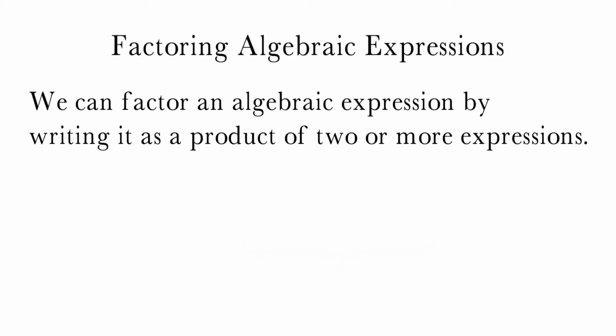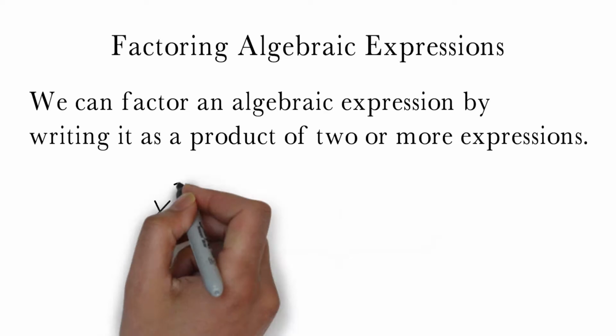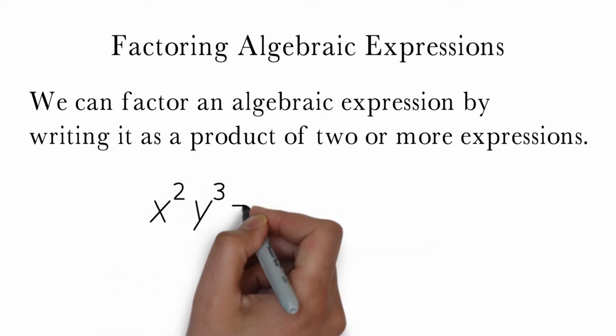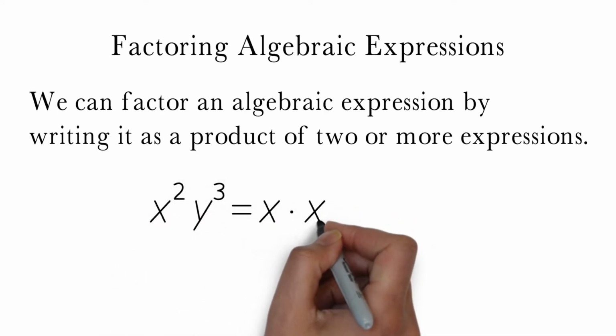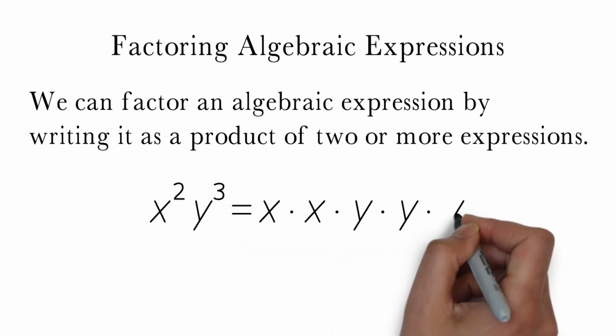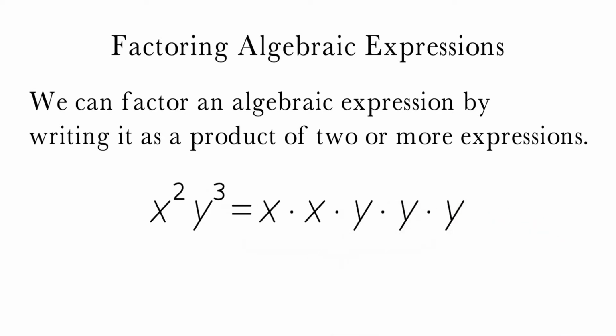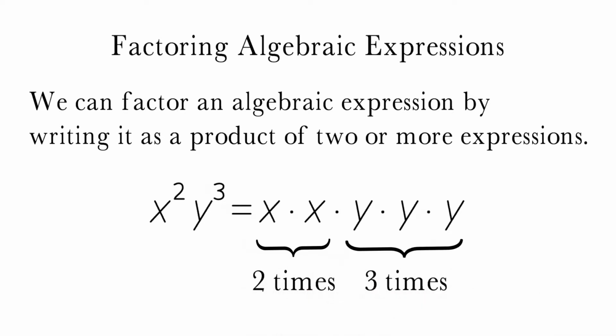As another example, consider the expression x to the exponent 2 multiplied by y to the exponent 3. This can be written as x times x times y times y times y. Here, x is multiplied by itself 2 times and y is multiplied by itself 3 times. Thus, this expression contains 2 factors of x and 3 factors of y.